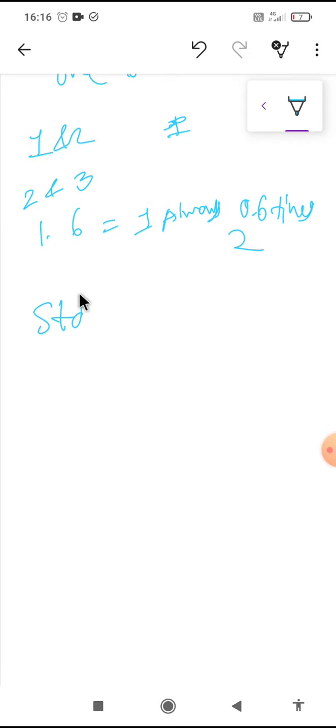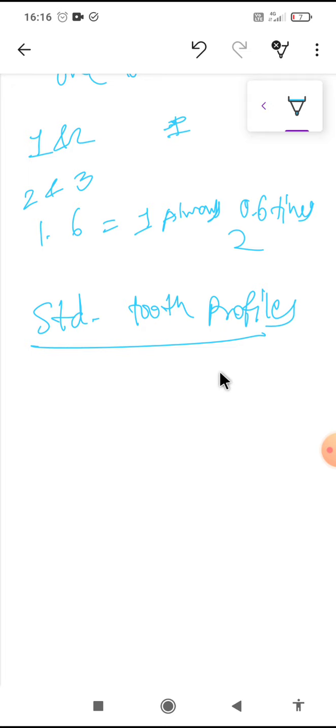The various standard tooth profiles or systems which are used in industries are of four types, commonly used in practice for interchangeability.